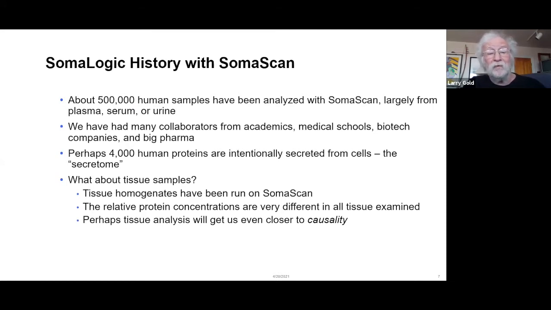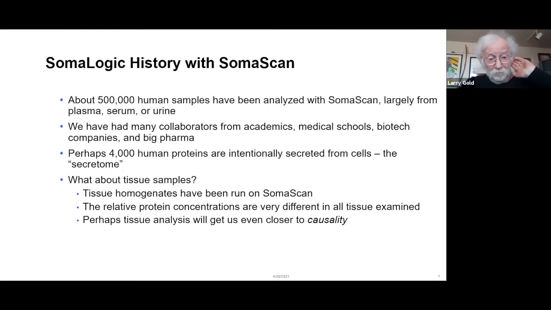There are probably 4,000 or so proteins that are intentionally secreted from cells, have protein sequences that aid their getting out of cells to signal in a paracrine or even in a distal fashion in the body. But you can tell from the number 7,000 and the number 4,000 that we're measuring a lot of proteins that are not secreted. And that's interesting, and that number will grow. We're not yet measuring all the secreted proteins, but that will happen soon.